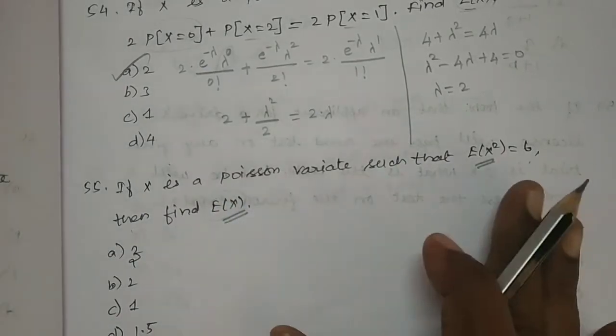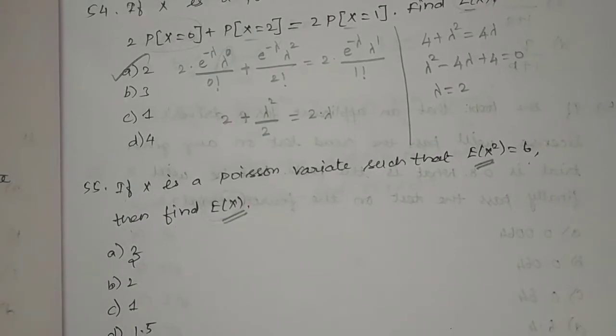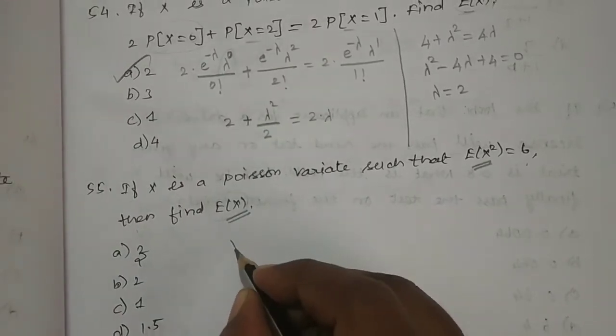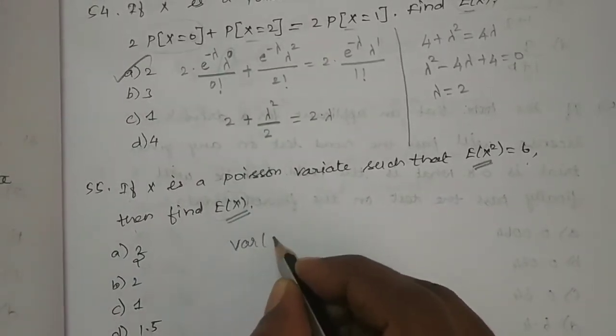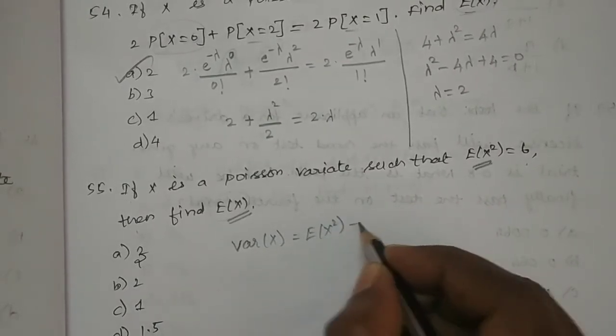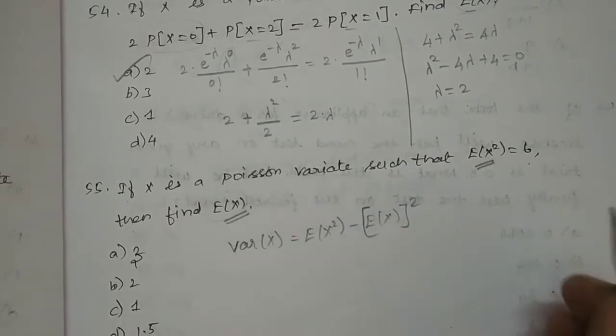What is the relation connecting expectation of x square and expectation of x? Variance is the relation connecting these two terms. So variance of x equals expectation of x square minus expectation of x the whole square.